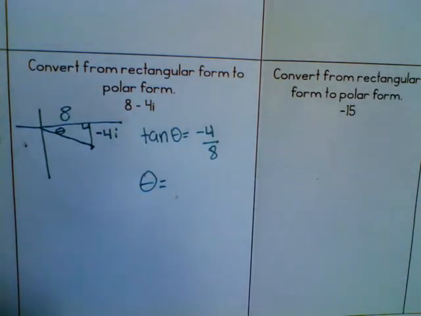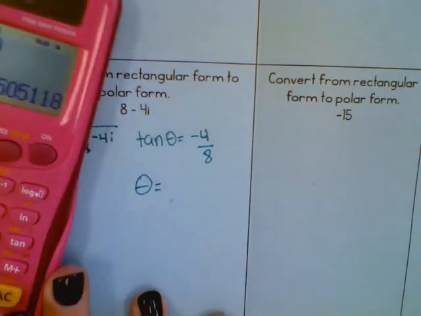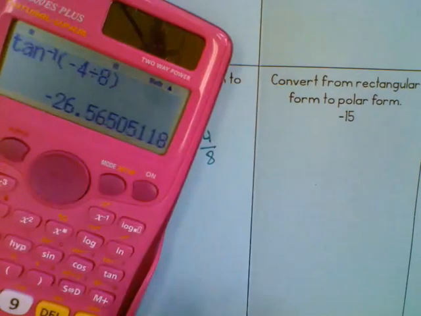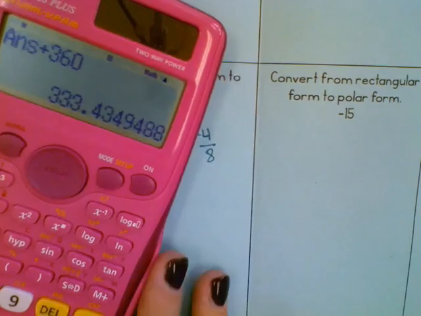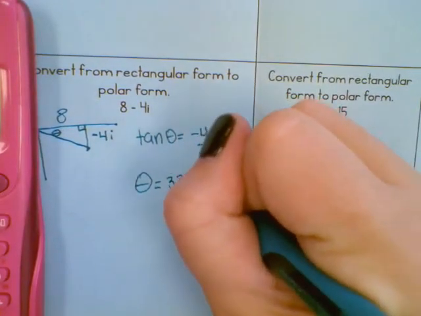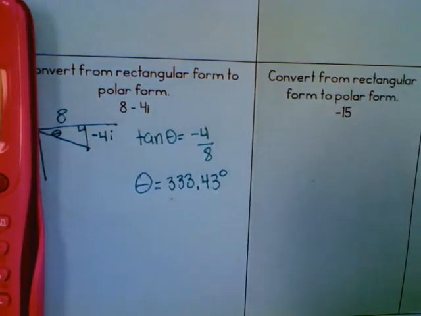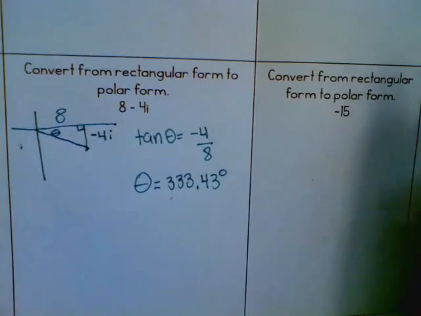So if you do tangent inverse of -4 divided by 8, we end up with -26. But remember, it's in quadrant 4, so if we add 360 to get the positive coterminal angle, we get 333.43 degrees. So unfortunately for this one, it's not one of our special angle measures.